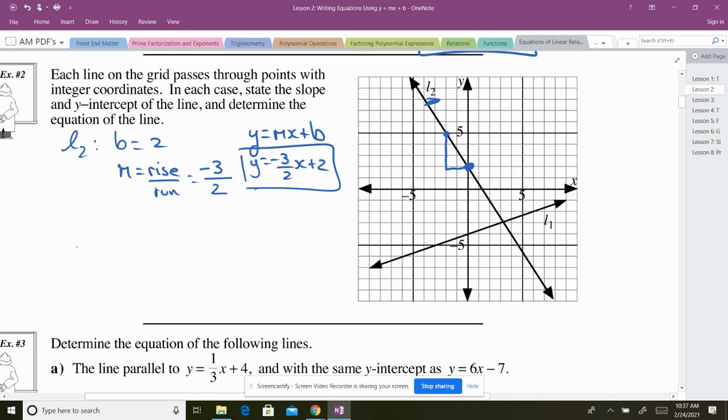So L1, doing them in reverse order here. Y-intercept of L1. What is it? Where does it cross the y-axis? -4, right? It's down 4 units. 1, 2, 3, 4.